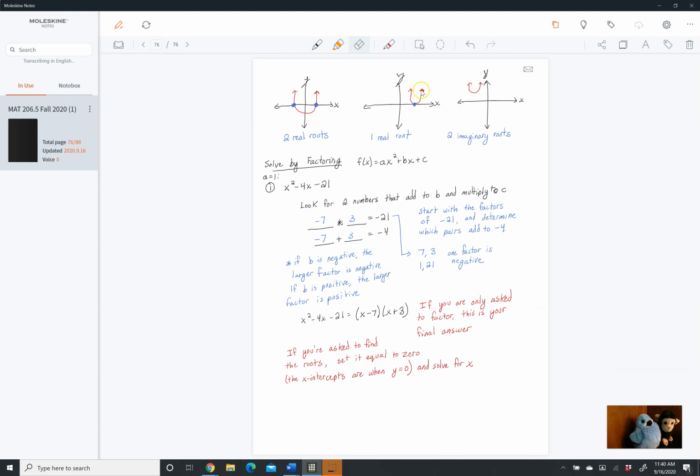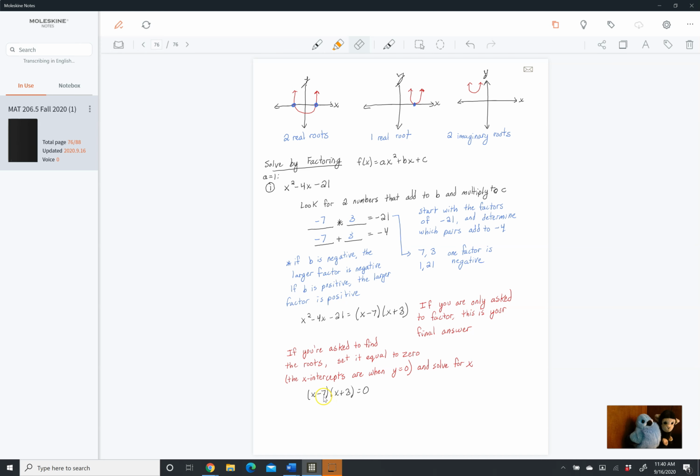So let's do that. x minus 7 times x plus 3 is equal to 0. And what we could do to solve this is a simple solve, because what we're going to use is the zero property of multiplication, which says anything times 0 is 0.